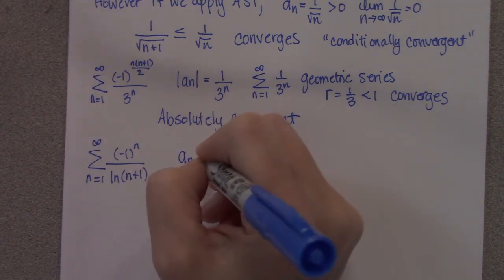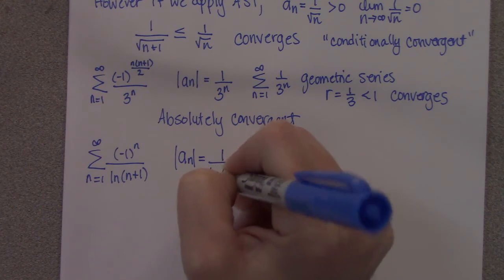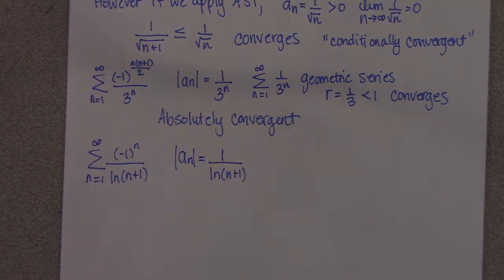So a sub n, right, we take the absolute value, is just going to be 1 over ln of n plus 1. So I need to compare this to something, okay, because this isn't an obvious series, not a p-series, it's not a geometric series.